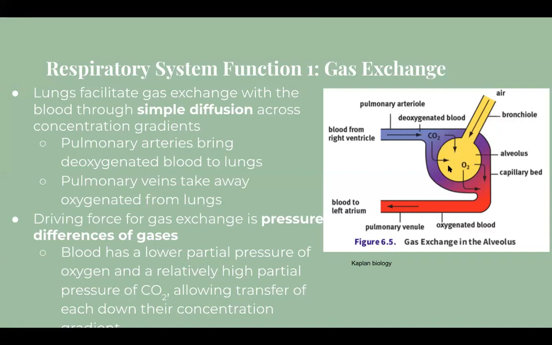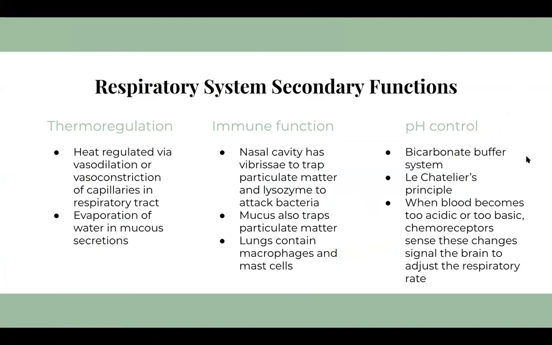This difference in concentration causes oxygen to enter your bloodstream and CO2 to enter the alveoli to be exhaled. Once this gas exchange occurs, your pulmonary veins take the oxygenated blood back to the heart.